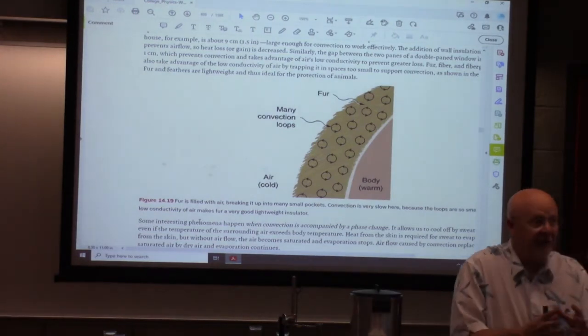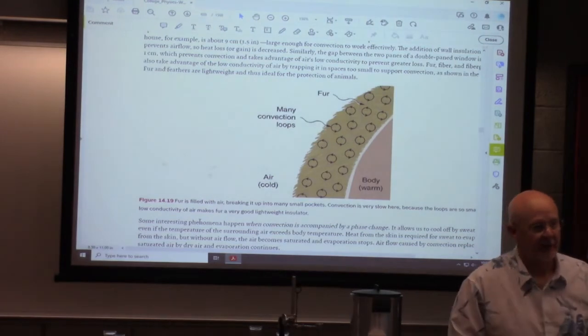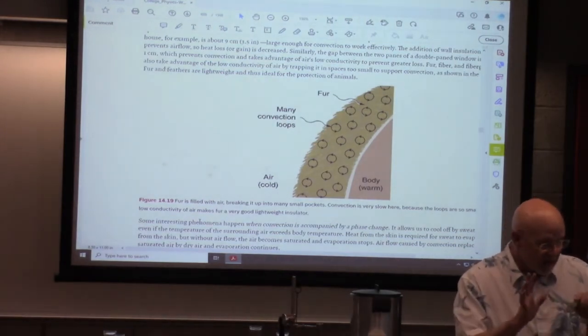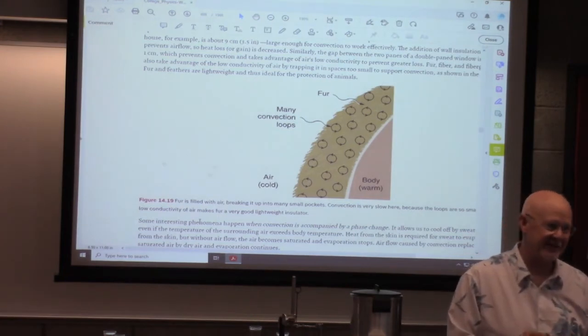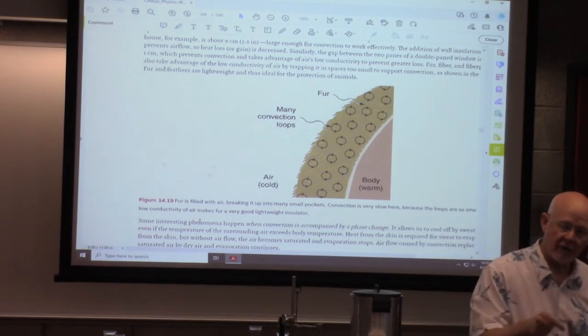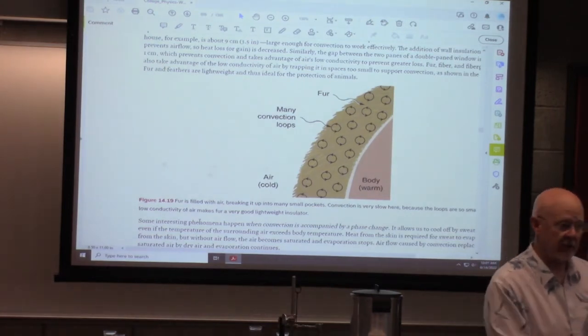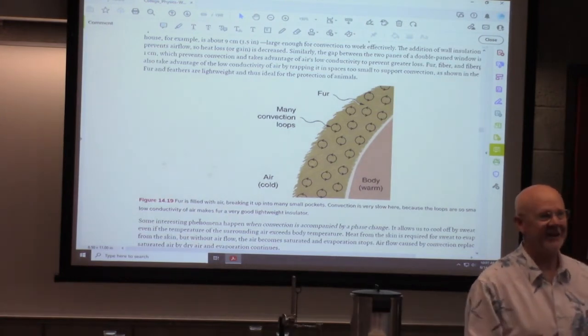Fur is puffy because most of it is air. However, the bad thing about air is it can move real easily. It can circulate. It can have convections. And so even though air cannot transfer energy very well by conduction, it does transfer it very well by convection.